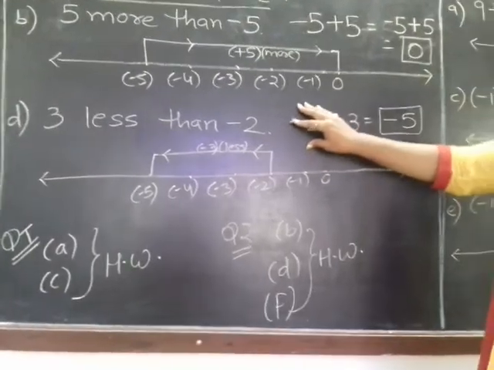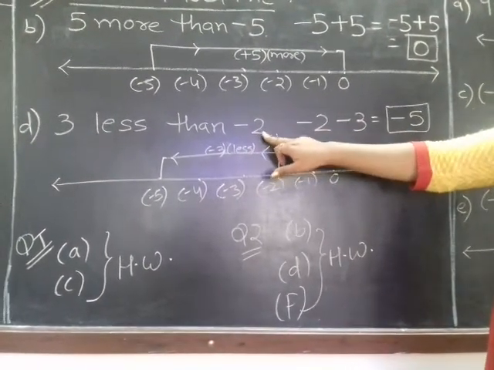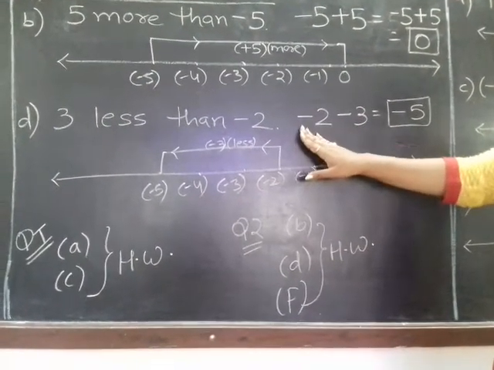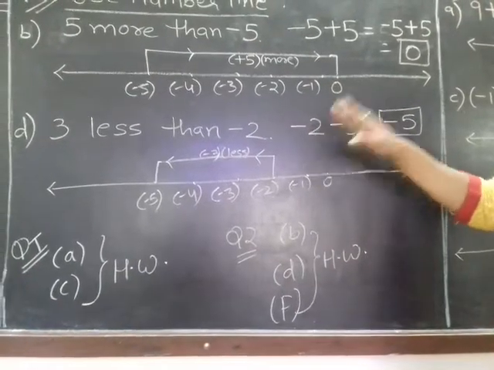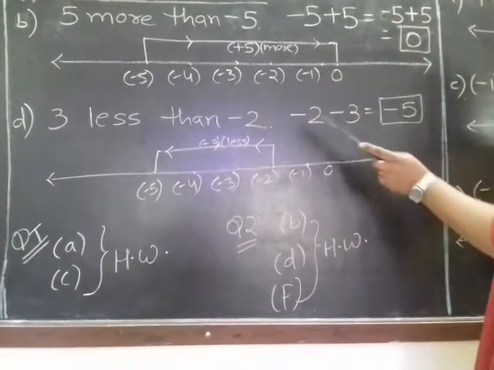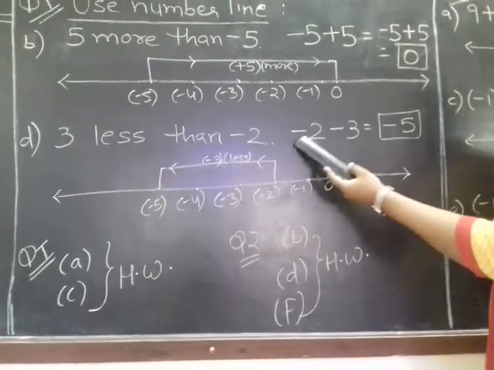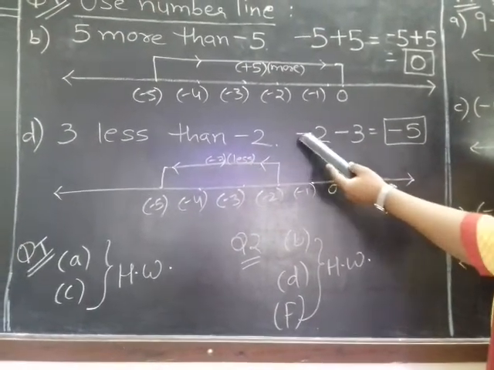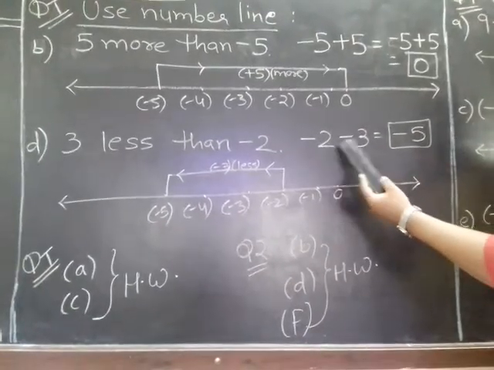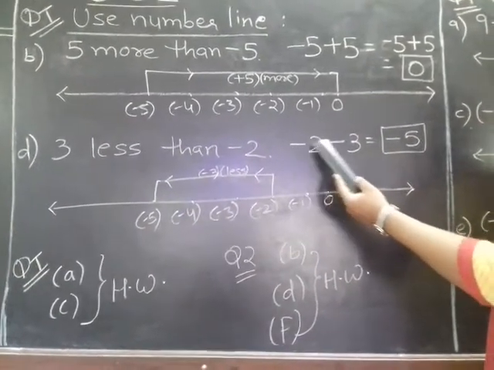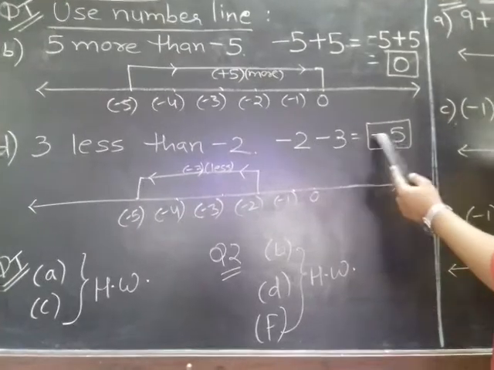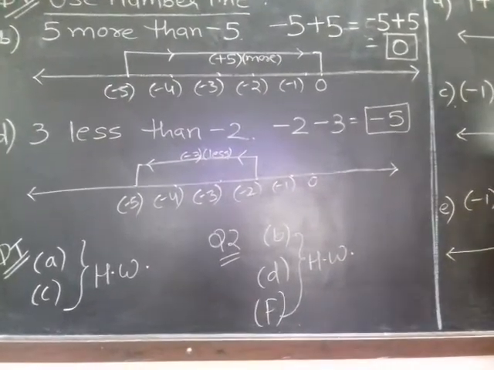So minus 2 we have to write first, and how many less than minus 2? Minus 3. So this is the rule: when we have two integers with negative signs, the integers will be added and the sign will be negative. So 2 plus 3 is 5, with a minus sign.